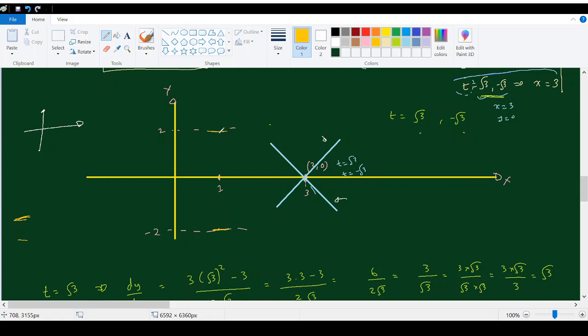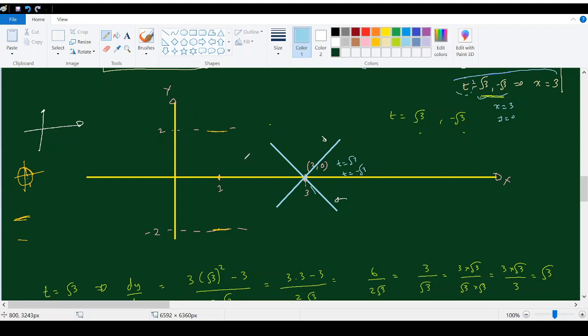This is just a relationship between x and y, and not being a function does not mean that we cannot plot it, right? Say for example, we can of course plot a circle, but a circle is not a function. See, at this point you have two corresponding y values, right? So in this x and y coordinate system, it is not only functions that we can plot, we can plot any sort of relationship between x and y, right?